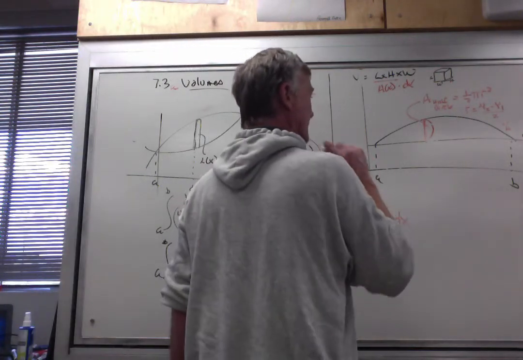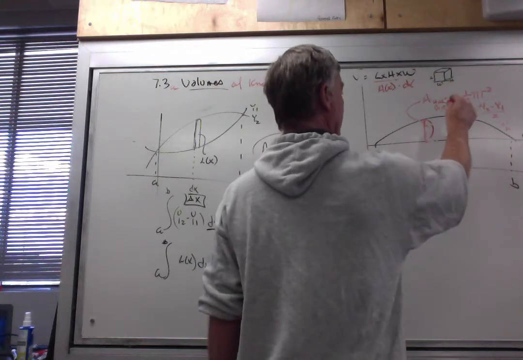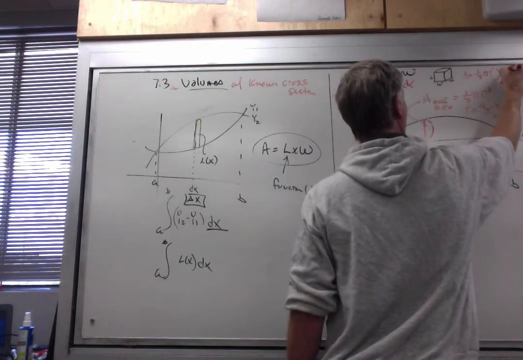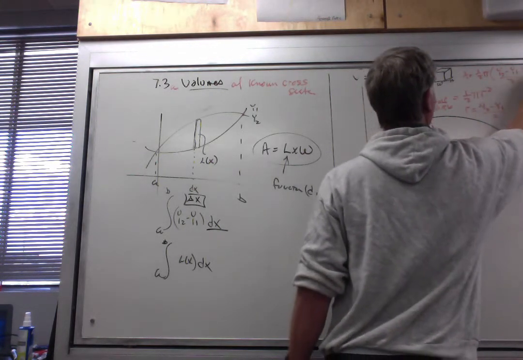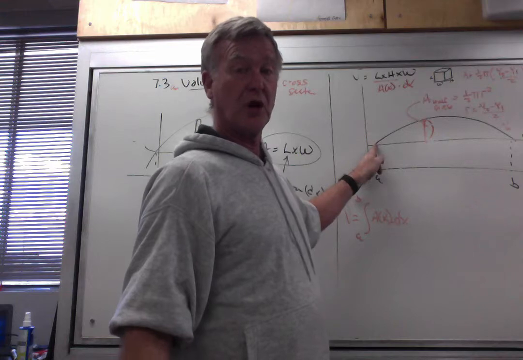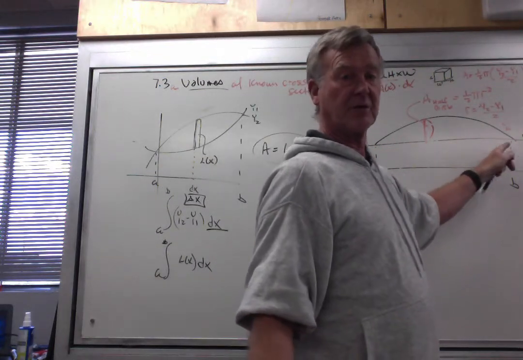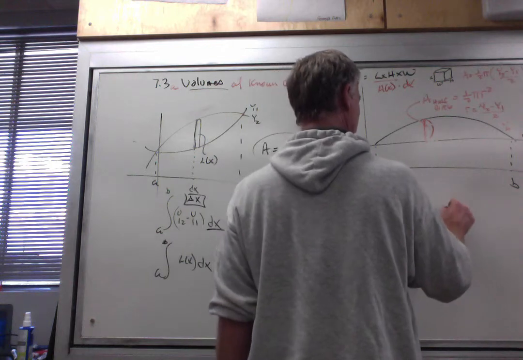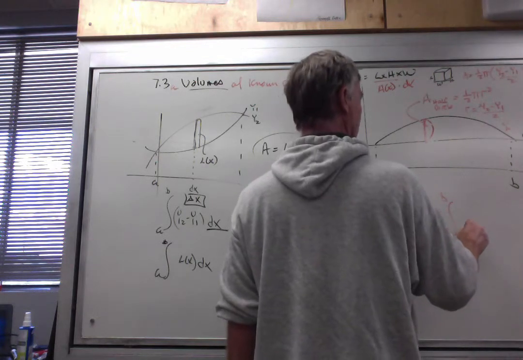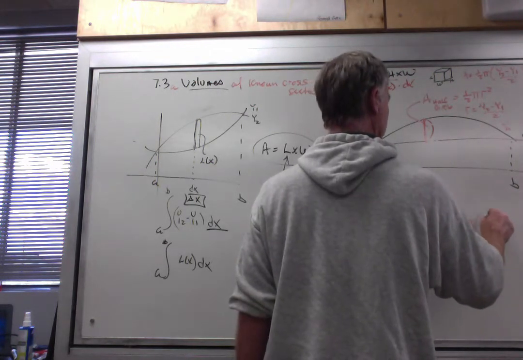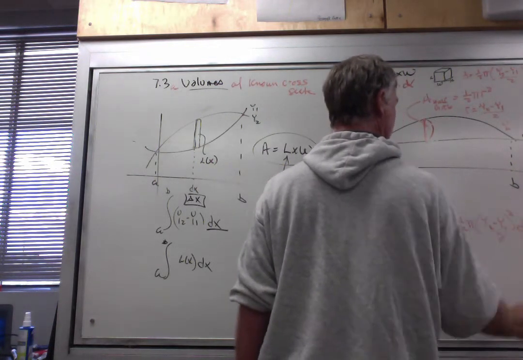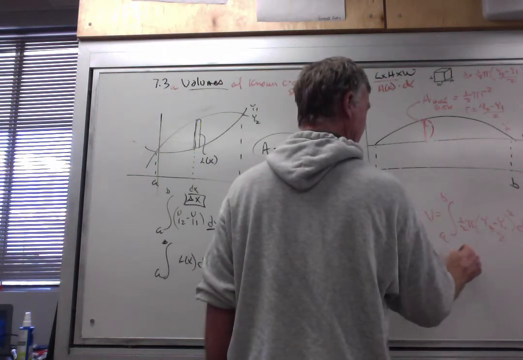And therefore, the area is going to be 1/2 pi times y2 minus y1 over 2 squared.